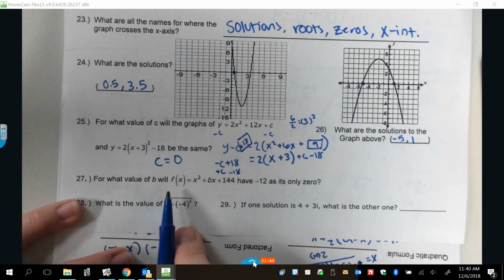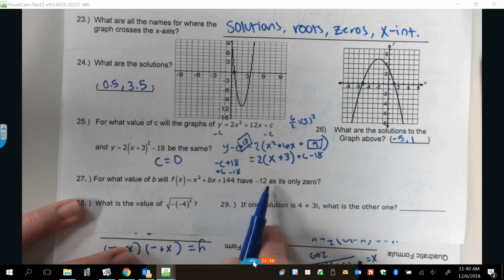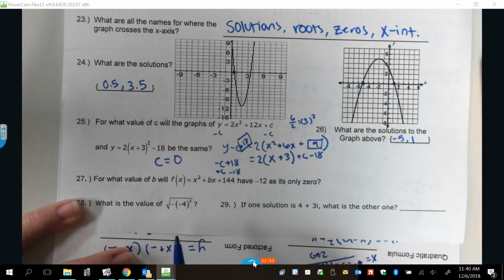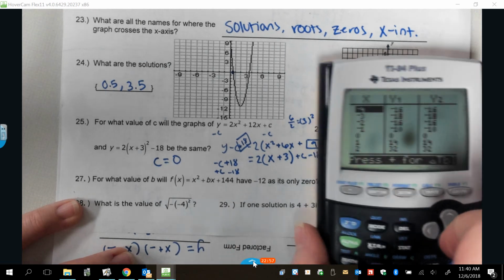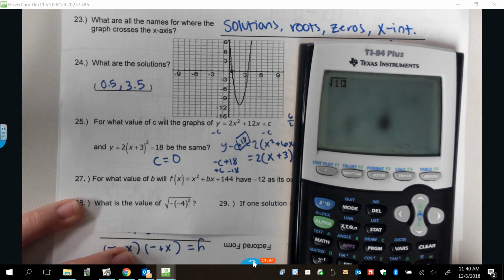For what value of B will this have negative 12 as its only zero? Okay, so we can see if this is a perfect square. The square root of 144 is 12. It is a perfect square.